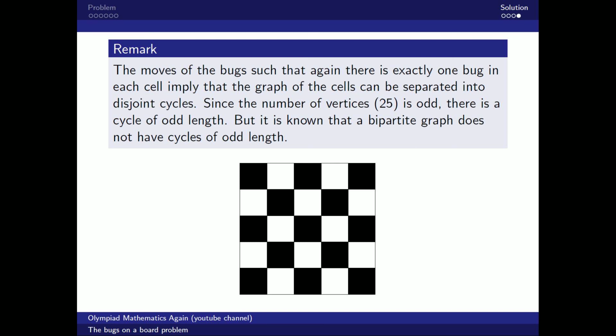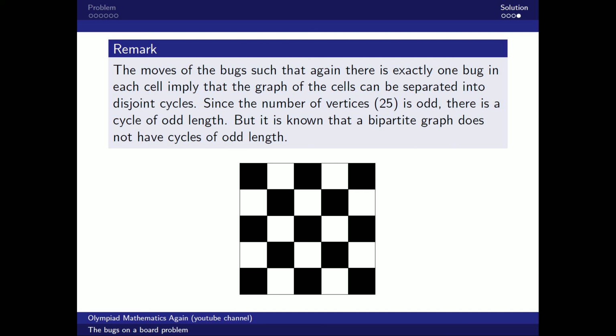Okay, but this, by the way, we imagine as a graph. The number of vertices in this graph, which are the cells, is 25, and this is odd.